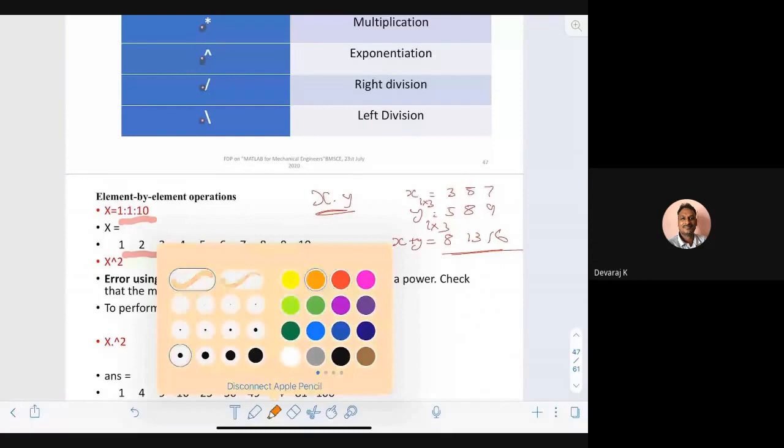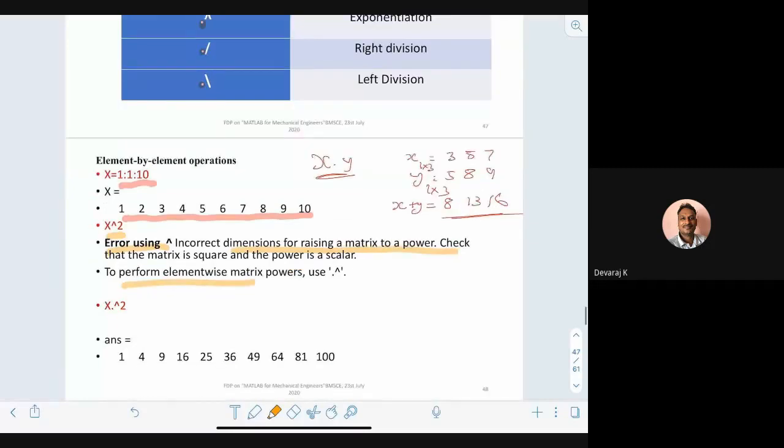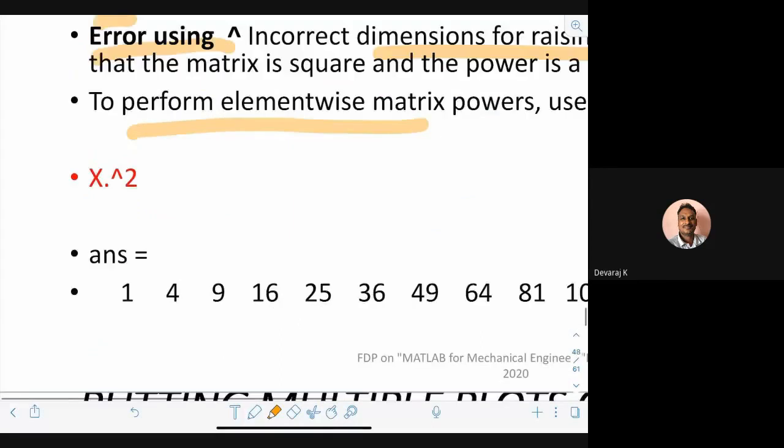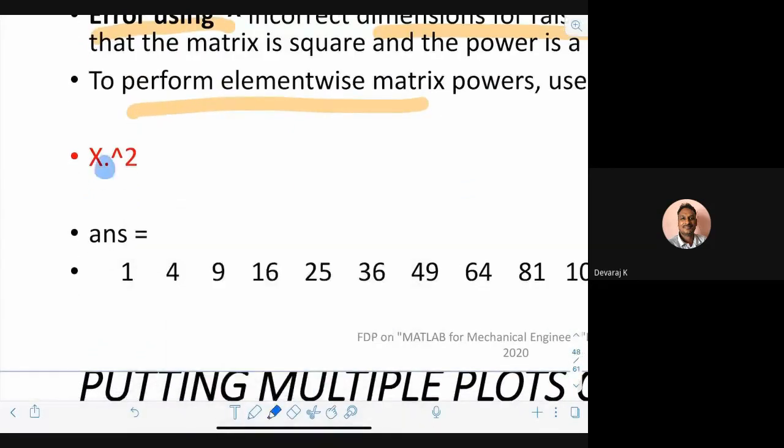Now, if I say x to the power of 2, that means you are trying to multiply the x vector with the x vector. X vector is 1 by 3, and again x vector is 1 by 3. It is not defined. You will get an error message. But you want to do it element by element. Remember, the very important thing is the dot operator here.